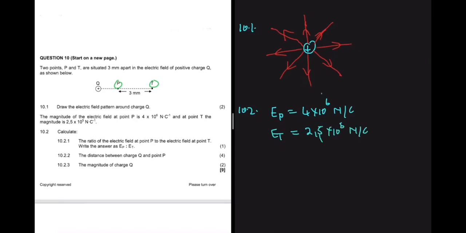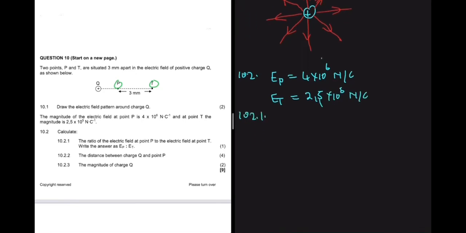And then 10.2.1 says, let's calculate the ratio of the electric field at point P to the electric field at point T. Write the answer as EP is to ET. So let me make an example here.